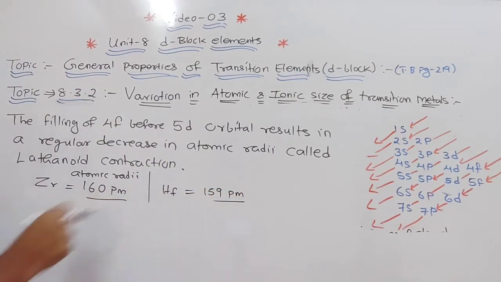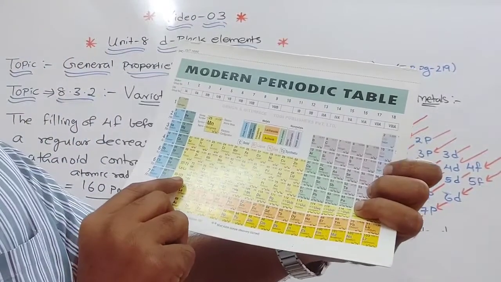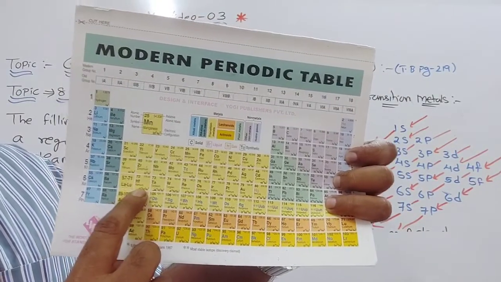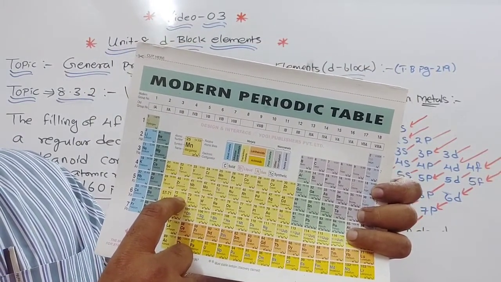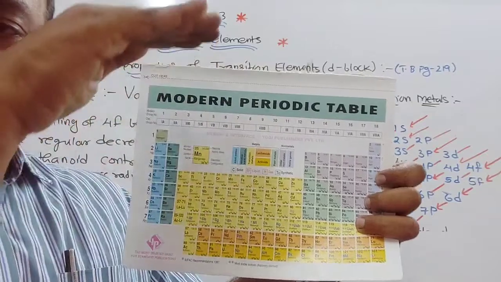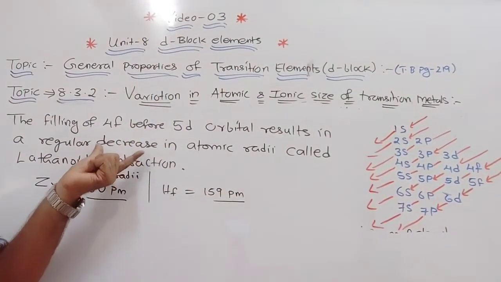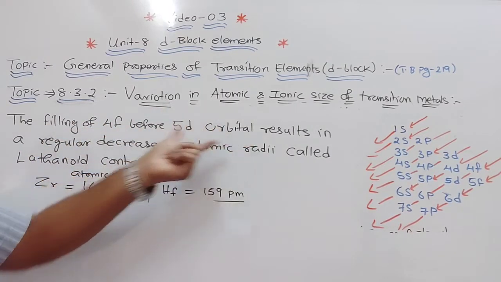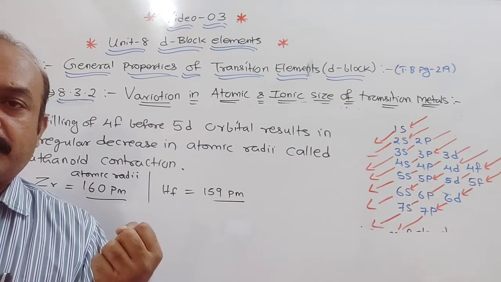So you will see there is a general decrease. Now where is zirconium? You can see in the periodic table, zirconium is here, and below zirconium there is hafnium. Actually there should be an increase in atomic size, because when we go down the group, atomic size increases, but here you see a decrease, and that decrease is due to this lanthanoid contraction. Why? Because the filling of 4f before 5d orbital results in decrease in atomic radii. That's what we call lanthanoid contraction.